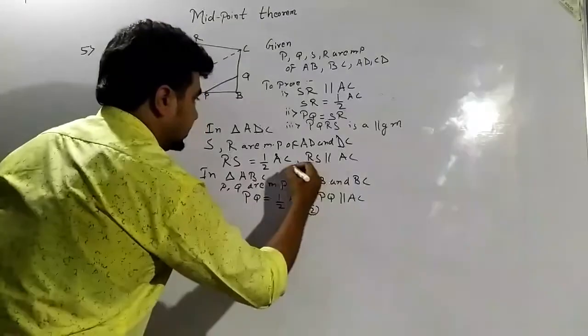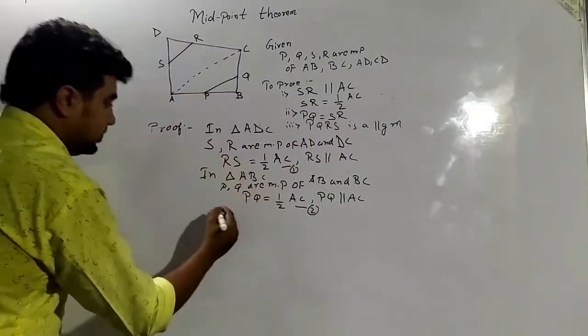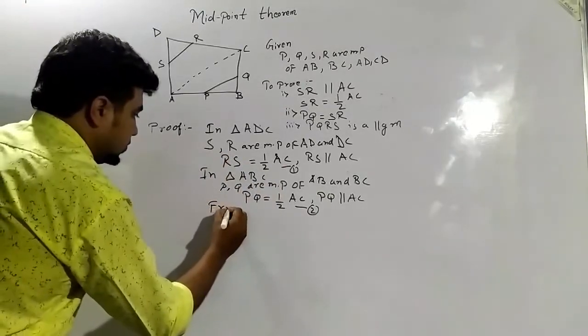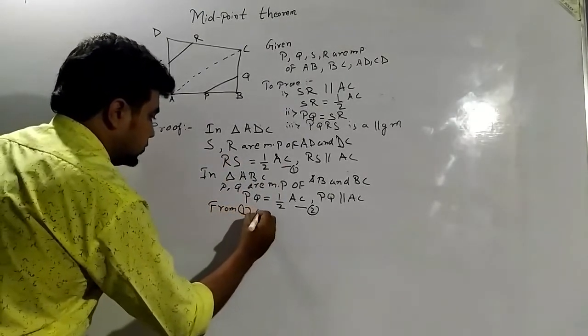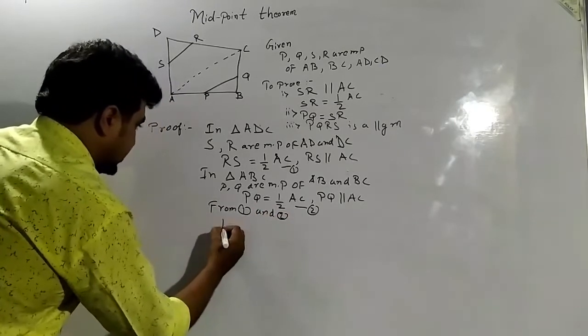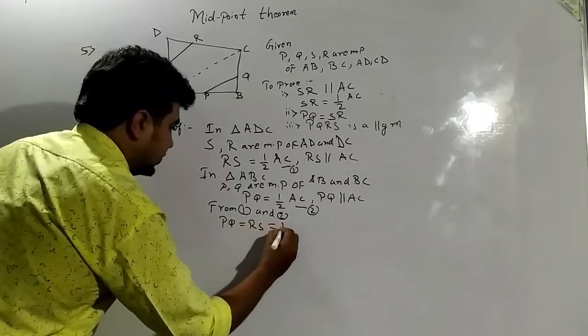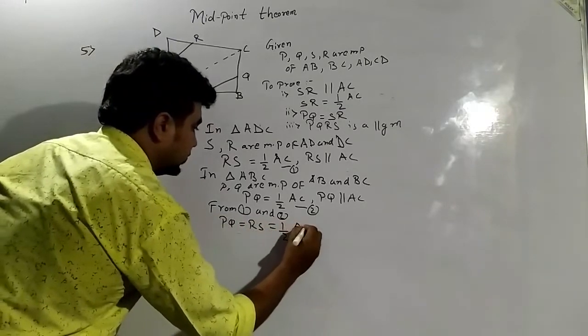This is 2 and this is 1. We are getting PQ is also half of AC, and from 1 and 2 we can see PQ is equal to RS equal to half of AC. That only we have to prove.